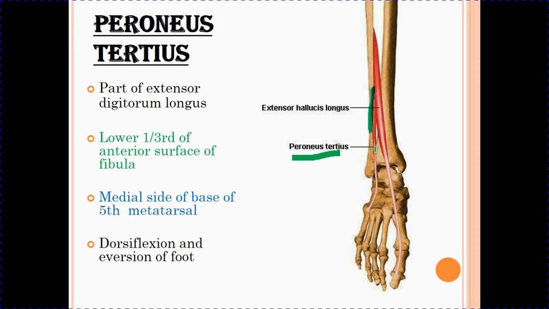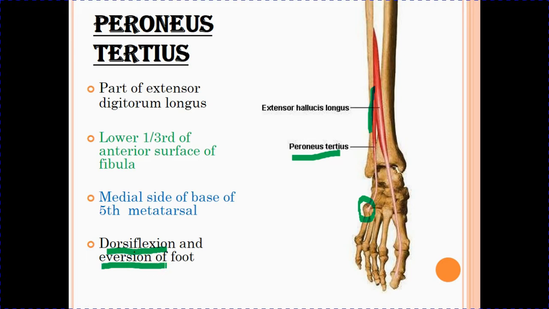The tendon of the peroneus tertius is inserted into the medial side of the base of the fifth metatarsal. This is the fifth metatarsal, and you can see the tendon is inserted into the base of the fifth metatarsal. The muscle can perform dorsiflexion of the foot as well as eversion of the foot.